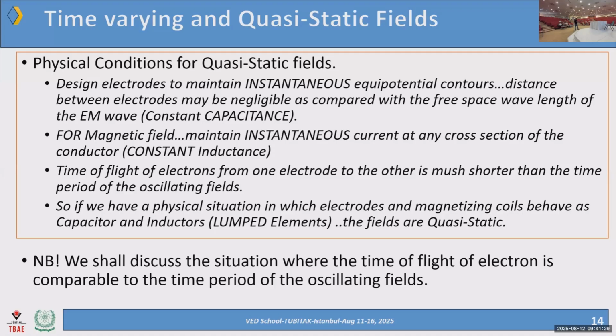The rule of thumb, or a sort of physicist's rule, is that if the dimensions of the space in which these time varying electric fields are applied are smaller compared to the electron's time of flight, from one point to the other for a certain velocity, and the corresponding de Broglie wavelength, then we can treat those as quasi-static fields.